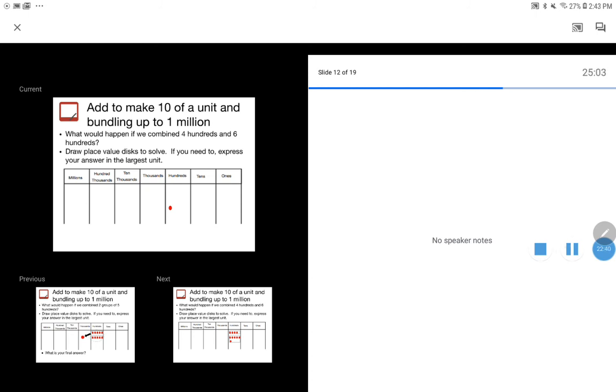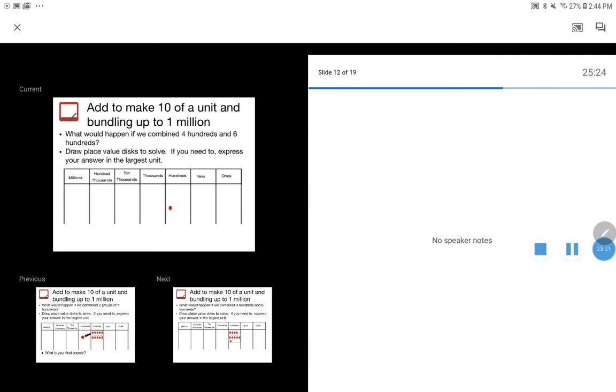Okay, guys. All right, so now what would happen if we combined 4 hundreds and 6 hundreds? Now think about that word combined. What are we doing now? Putting them together, or adding.